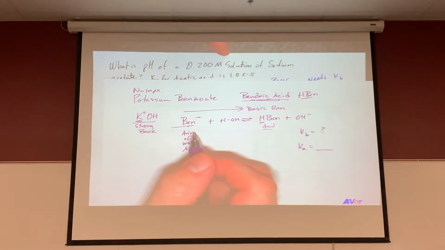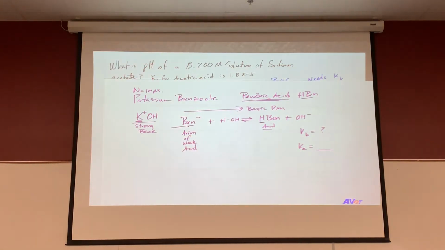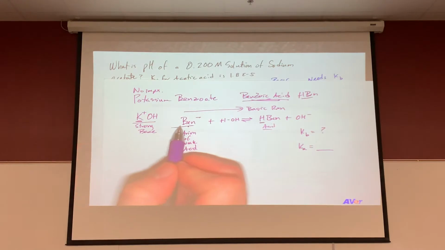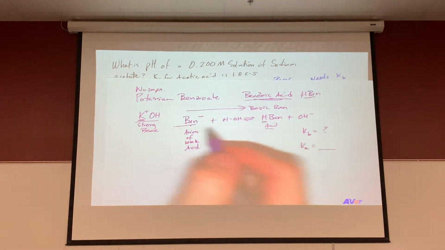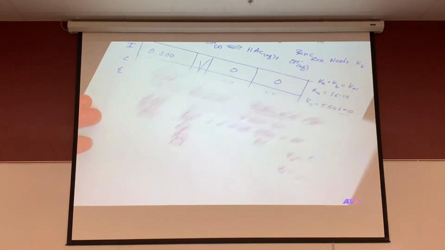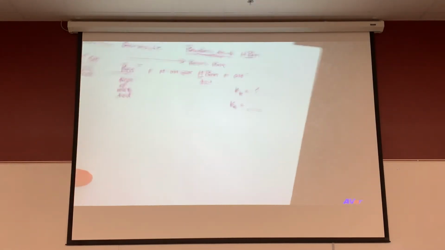If it's a stronger acid, it'll exist in that form, so you'd find that the equilibrium will probably shift to the left. But here's the way I'd answer your question.